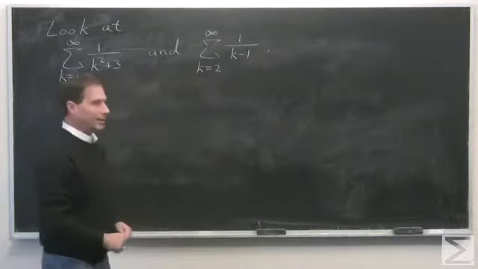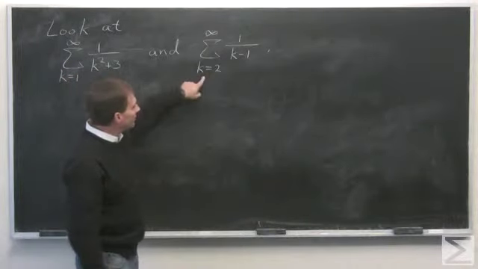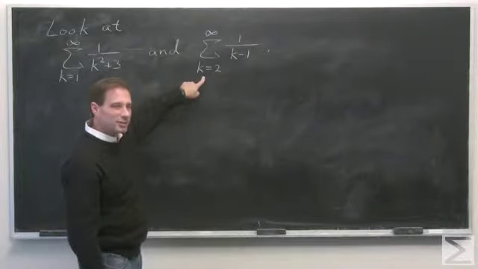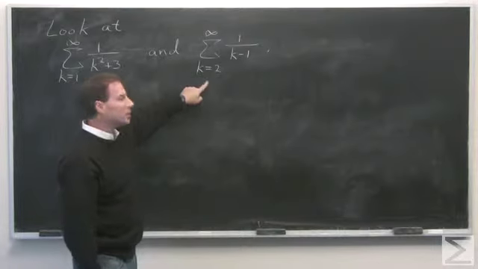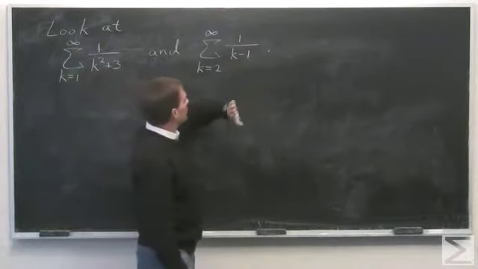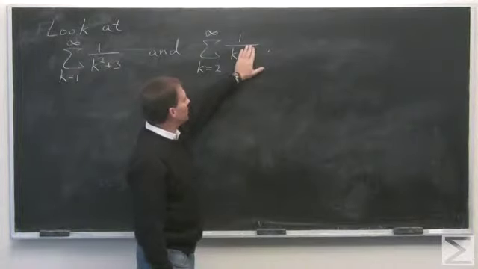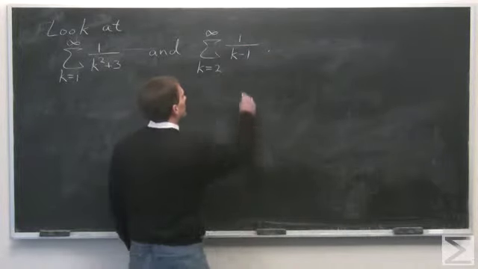Now, in fact, this one, if you write out some terms, you'll see that this is the harmonic series. But we're going to kind of ignore that just to make a point. Because we want to think about the p series, 1 over k, where p is 1, and compare that with this one.